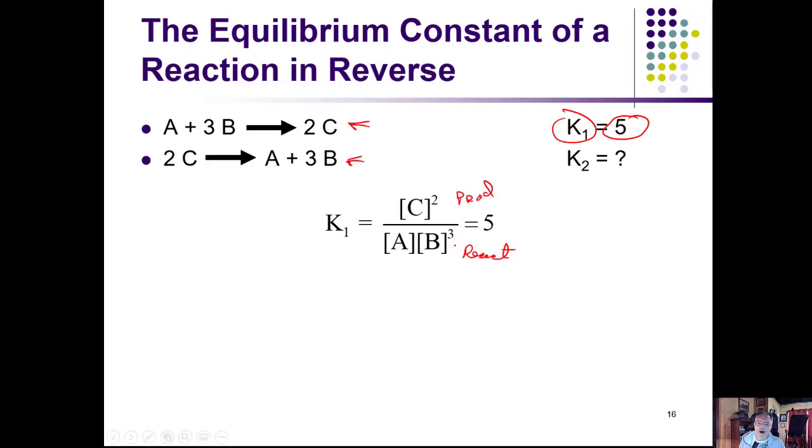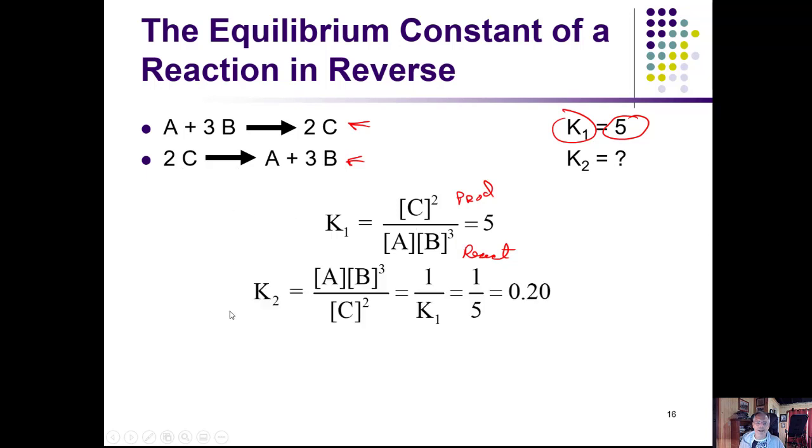Now, all I'm going to do is write the equilibrium constant expression for the second reaction, and here it is. What were my reactants are now my products, A times B cubed divided by C squared. What was my product is now my reactant. And that is simply the inverse of the original equilibrium constant expression.